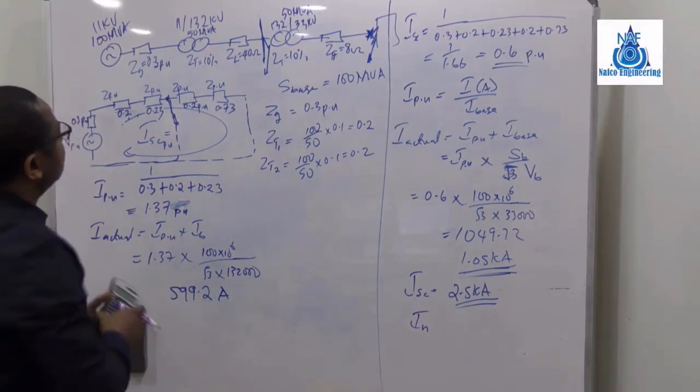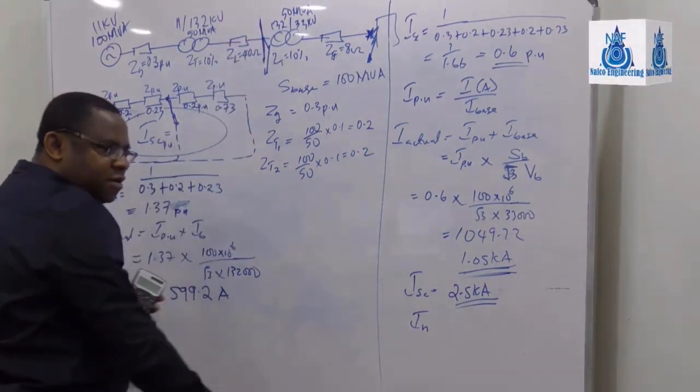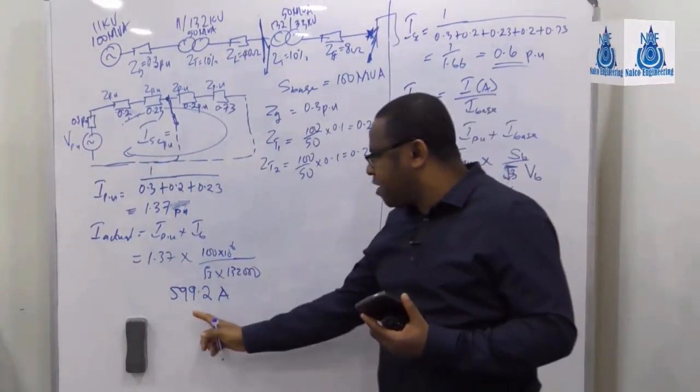Okay, remember that because the voltage is too high here, the fault current will be lower. That's why you have something like that.